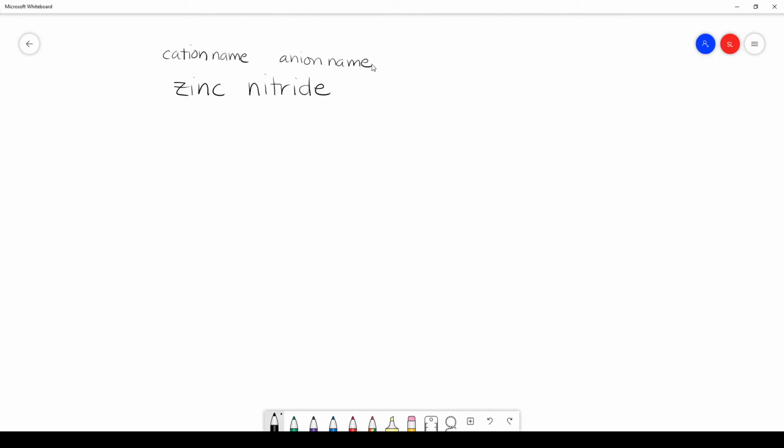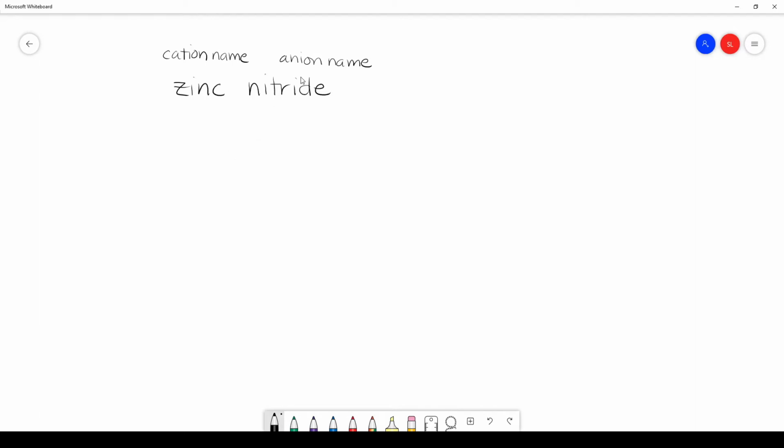So the key, the absolute key to understanding ionic nomenclature is knowing the ions. If you understand the ions, then it is a simple process to write down the names of the ions or to figure out the symbols or formulas for the ions, depending on which direction you're going.